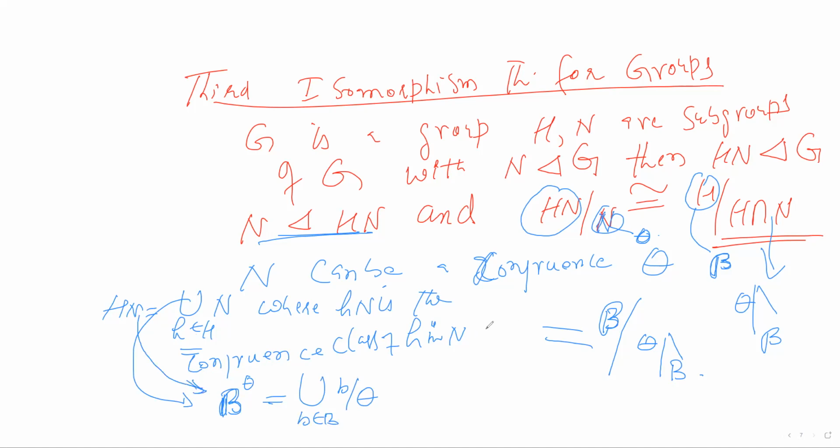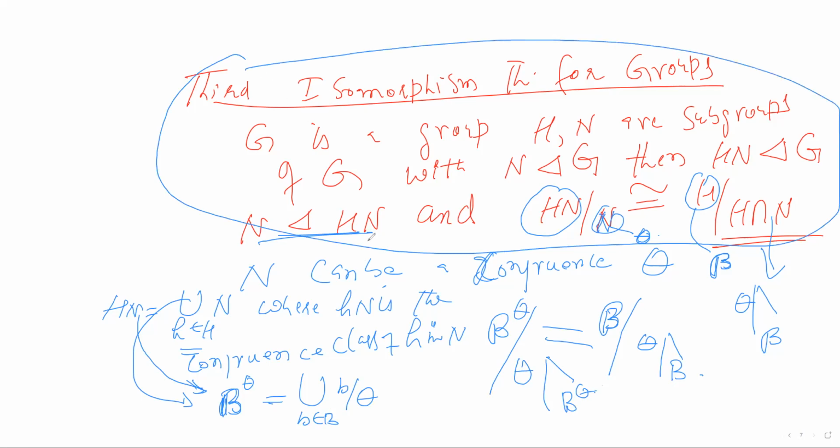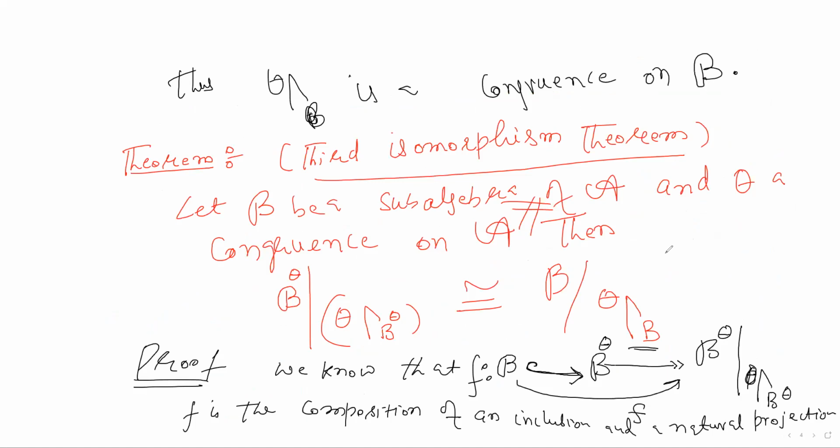So I can replace this by B theta, and N is a normal subgroup of HN. So I can replace it by theta restricted on B theta. Okay, so I can deduce the third isomorphism theorem for groups from this proven theorem, third isomorphism theorem of universal algebra.